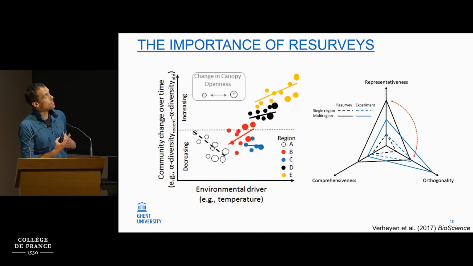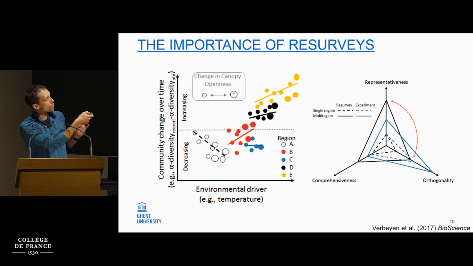Good, and the importance of resurveys becomes clearer when you have more plots across a larger geographic area, of course. So this is one of the strengths of forestREplot, I think, that we combine plots from different regions, where we can then calculate some community change over time, and then relate this to environmental drivers.